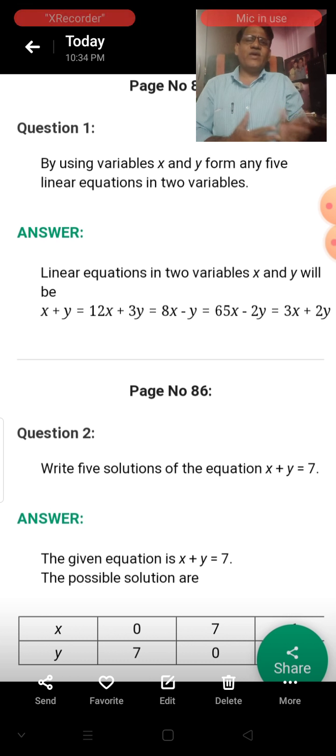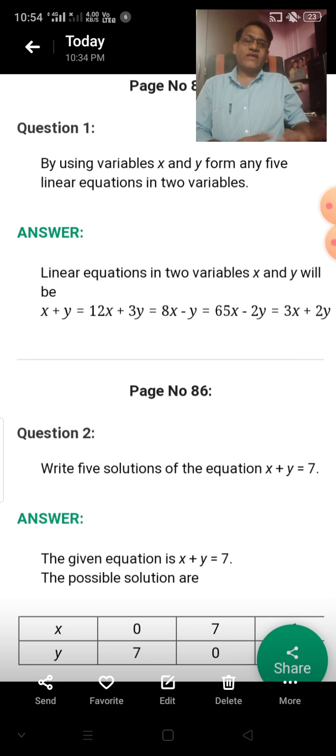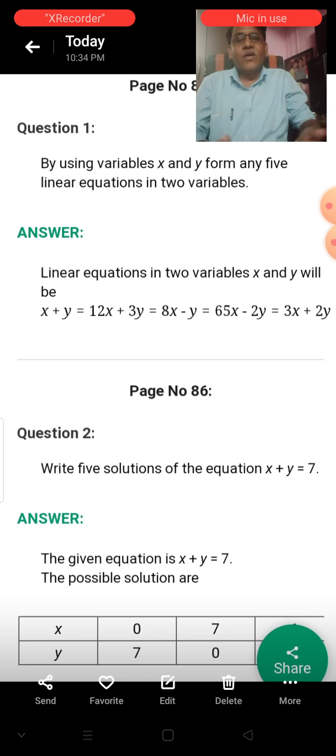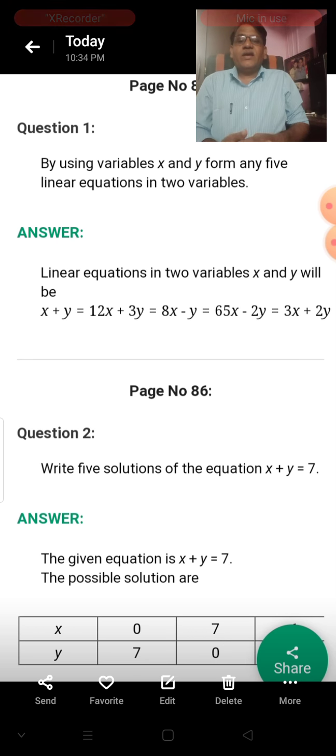Okay, in this way you can choose any coefficient, use x and y, and form the linear equation. Here I give an example. A linear equation in two variables x and y can be x plus y is equal to 12, or 12x plus 3y is equal to 8x minus y, or 65x minus 2y is equal to 3x plus 2y.